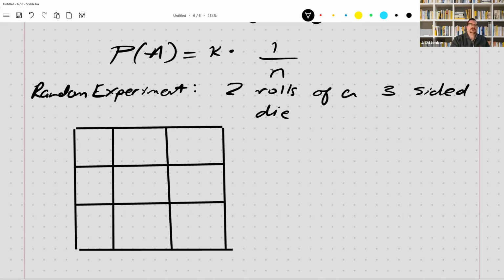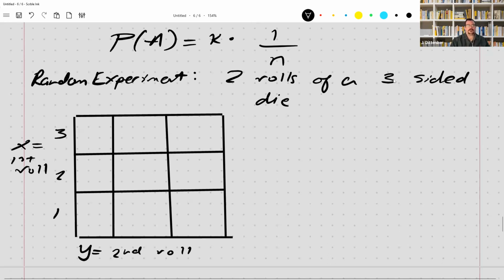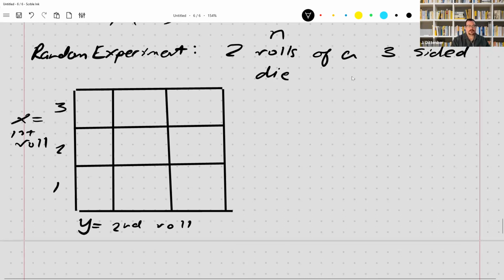Let's say here I'll put my first roll, I'll call it X, and here I'll put my second roll, I'll call it Y. I can have 1, 2, 3 as a possible outcome here, and also 1, 2, and 3 as a possible outcome here.